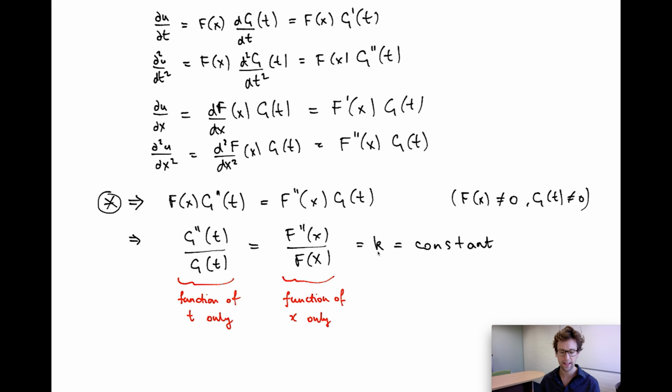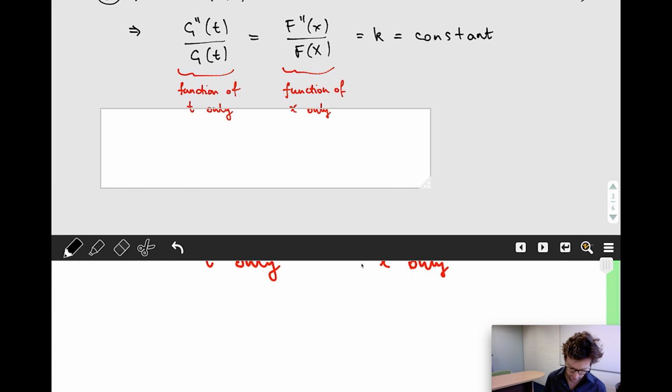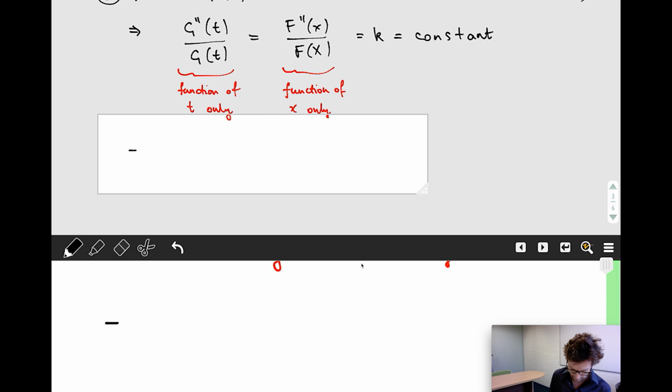Now, we don't know what k is yet. In fact, we're going to have to make assumptions about the form of k to find solutions for f and g. But this key step now allows me to write down two different equations. One for g of t and one for f of x.